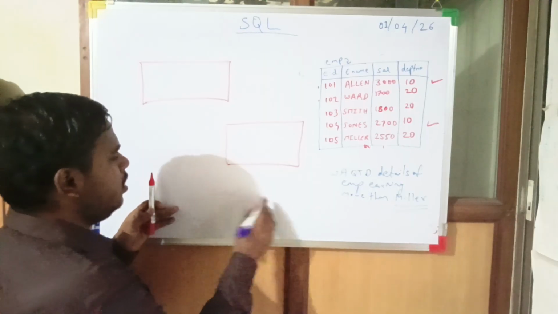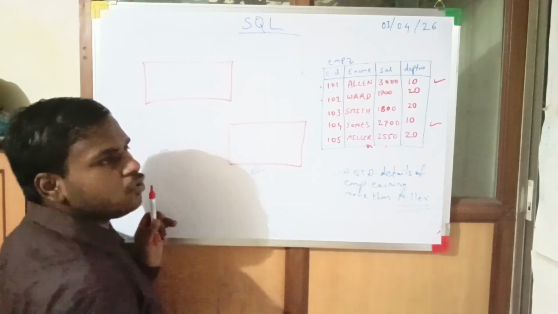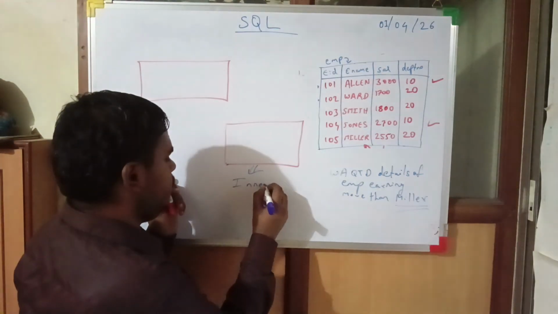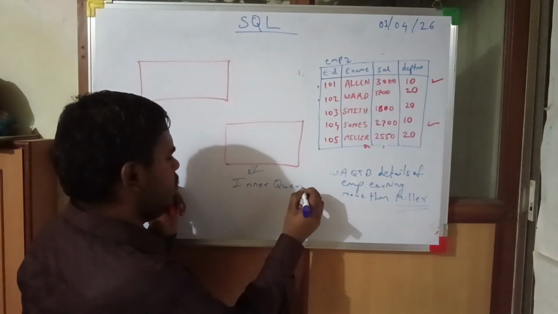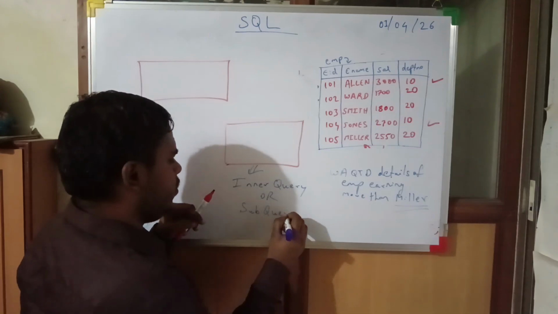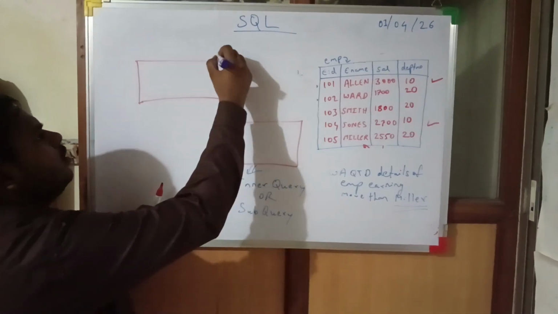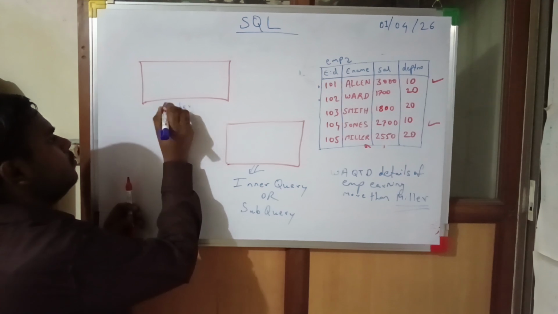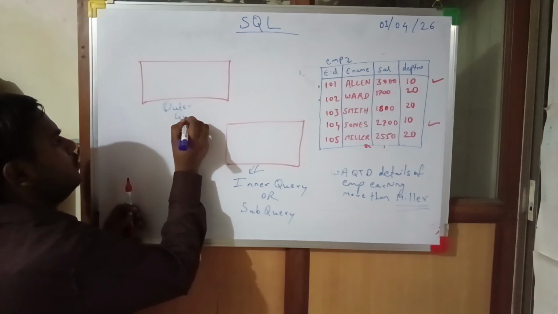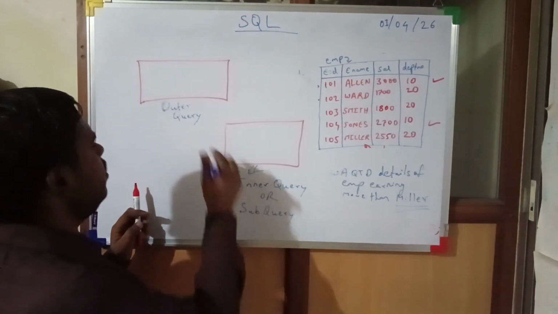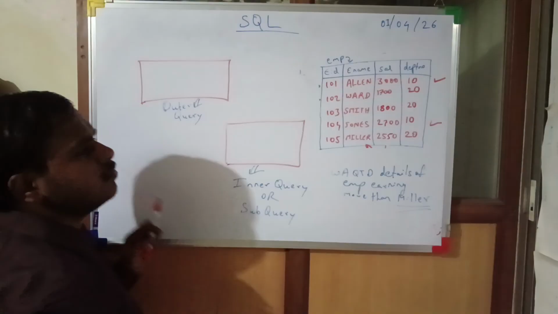Let us assume two queries are there, inner and outer. This is called the inner query, or you can say subquery. This is the outer query. One is the inner query, one is the outer query.